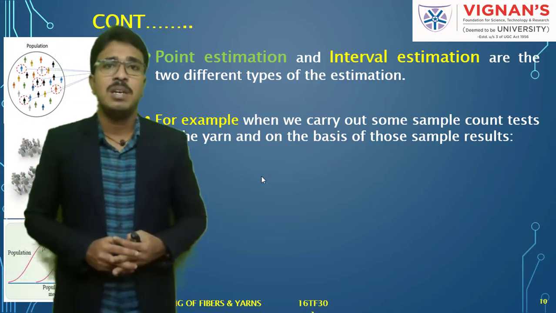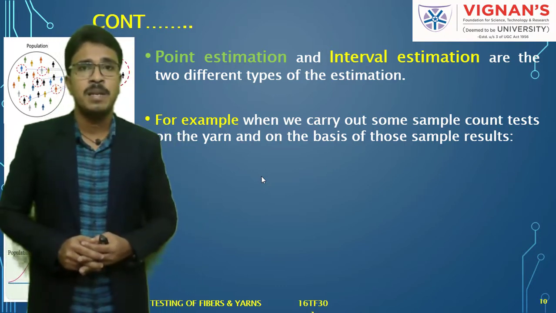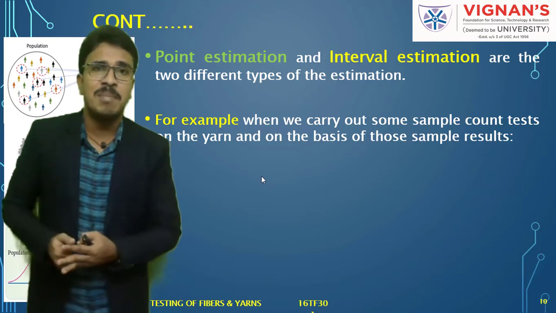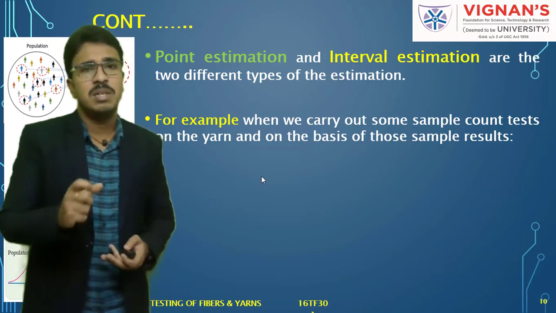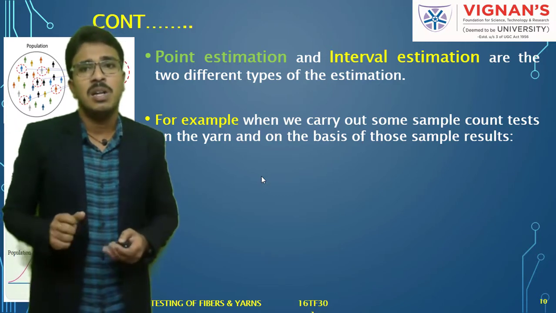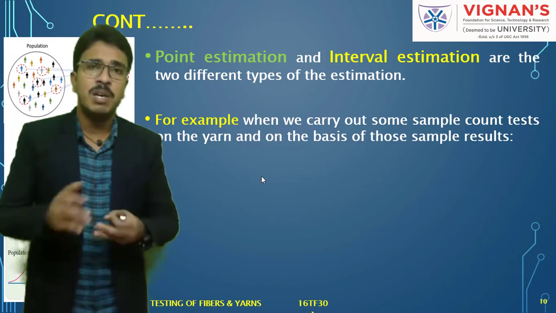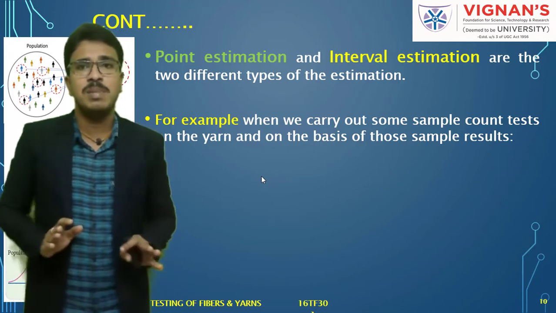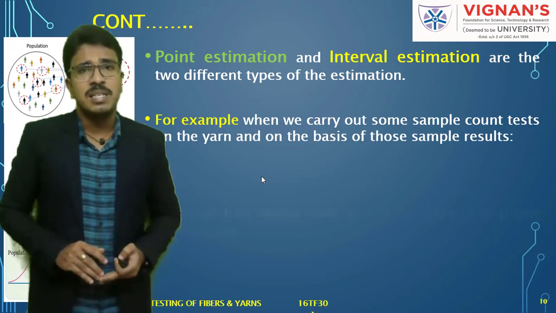For example, when we carry out a sample count test, that means we have selected some yarn samples and we are carrying out a count test on them. Now we have found the count of the yarn samples and we are having the results.